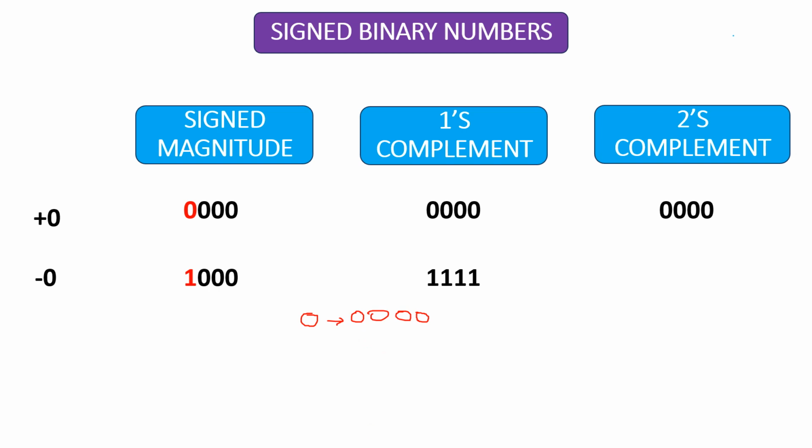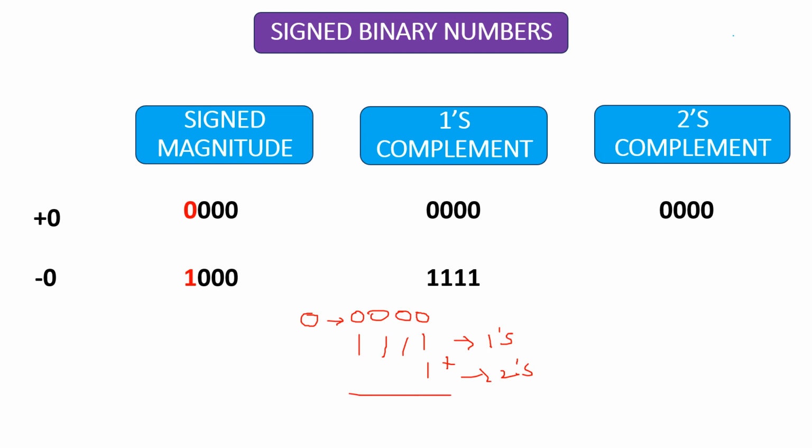So we first find the 1's complement, then add 1 to it. The 1's complement of this 0 is, you just change the zeros to 1. Then this is the 1's complement. To get the 2's complement, you add 1 to it.